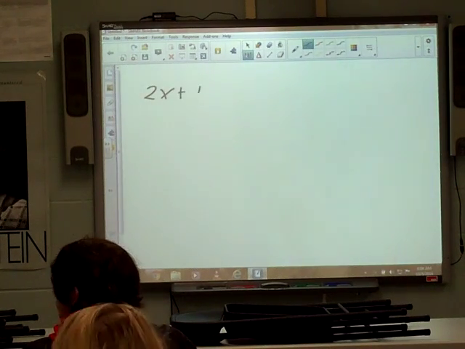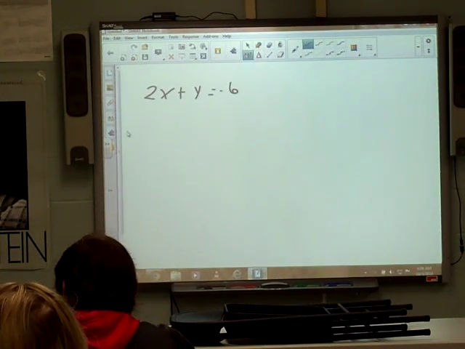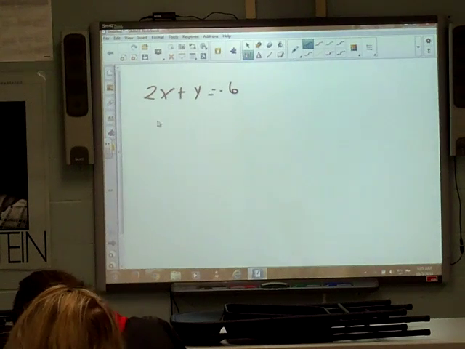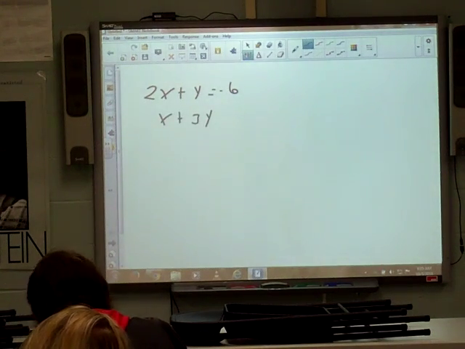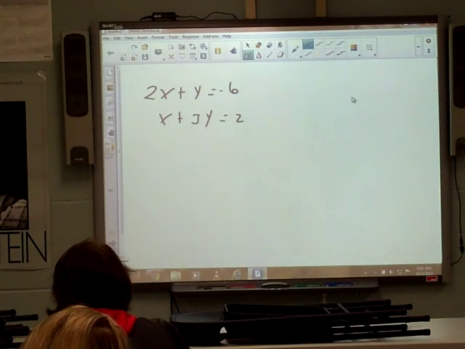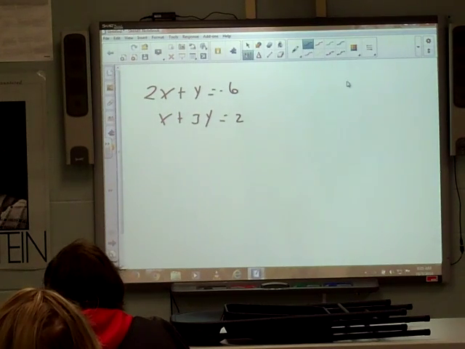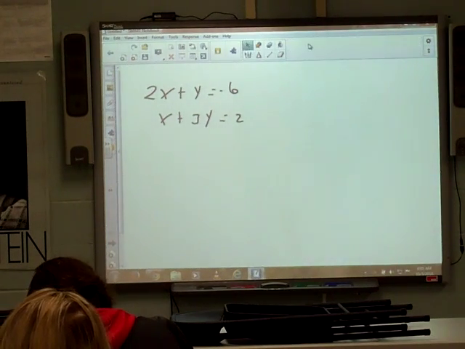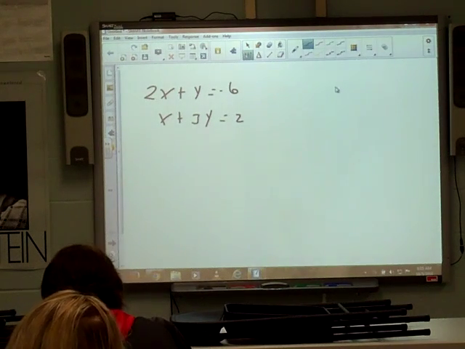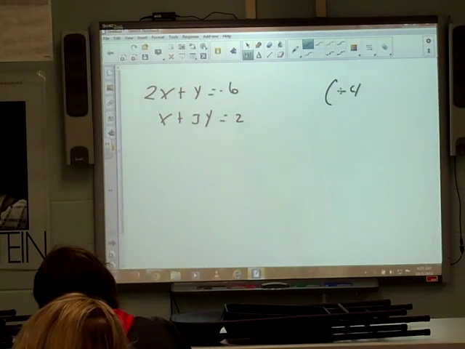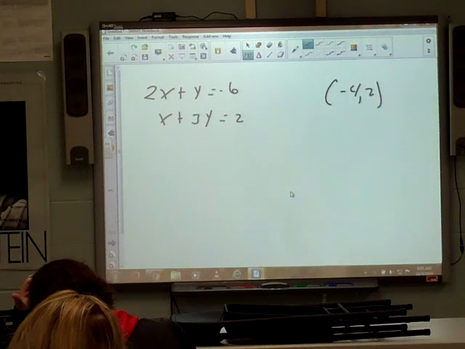This is 2x plus y equals negative 6, and then x plus 3y equals 2. So the question we're going to start off with says, is the point negative 4, 2 a solution to that system?